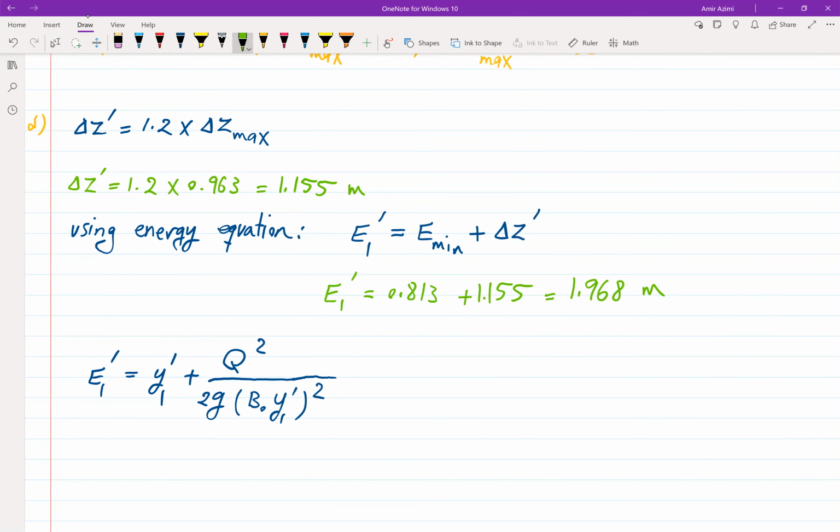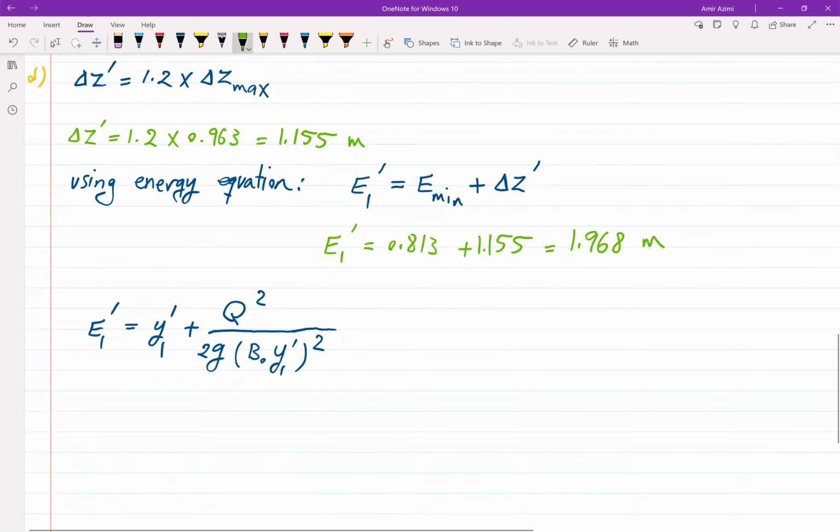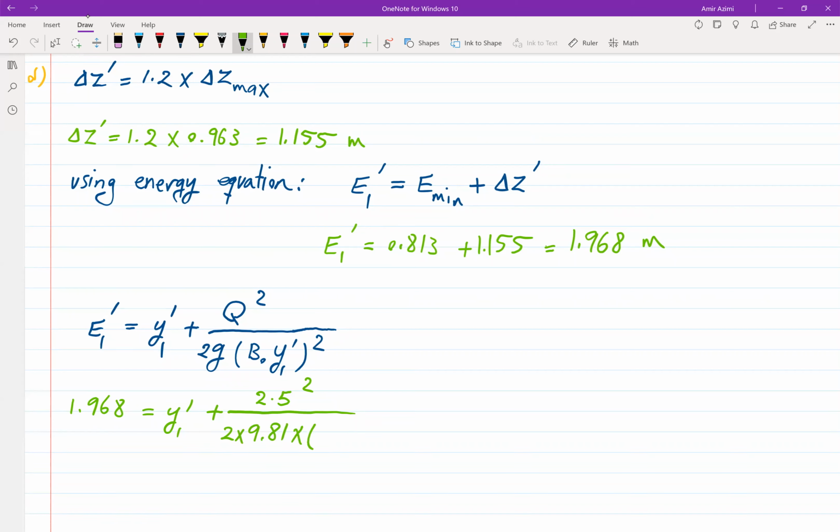So E1 prime, 1.968, is equal to Y1 prime plus 2.5 squared divided by 2 times 9.81 times B0, 2 times Y1 prime to the power of 2.